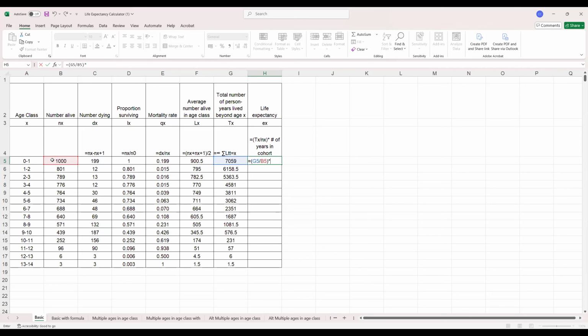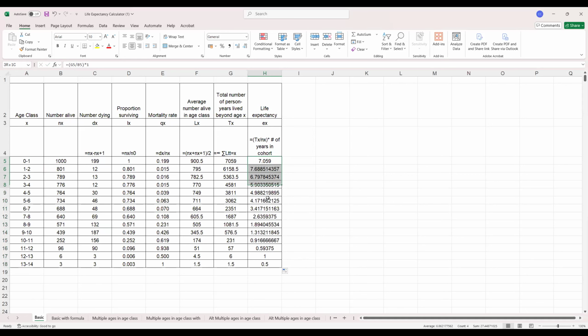So again, we established earlier 0 to 1, that's just 1 year. You multiply it by 1. So again, capital T sub x divided by N sub x times 1, because that's the number of years in the cohort. So we can copy and paste this to the rest.